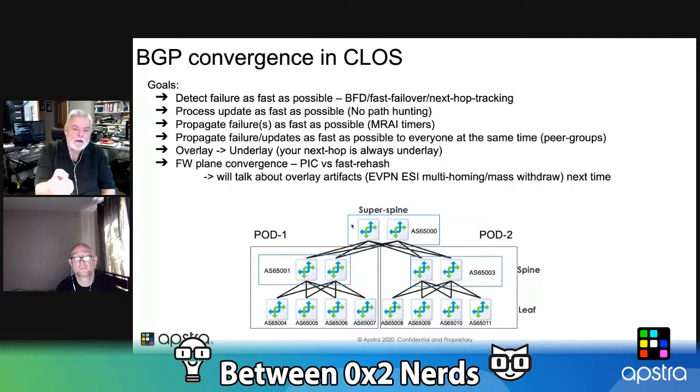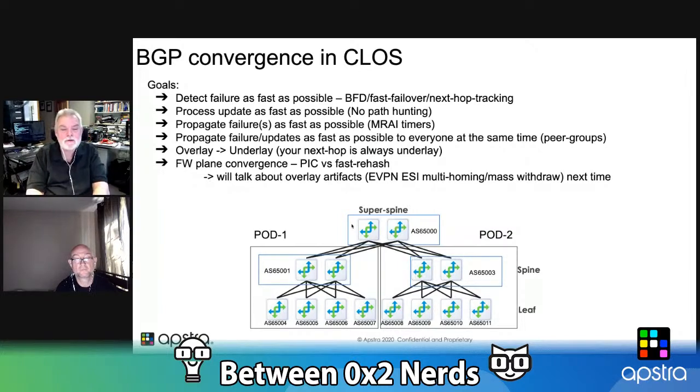We don't have this illustrated, but let's say there is a server on the lower left that is multi-homed to the two leaf switches, AS 65004 and 65005, and it's sending some prefix A. When that gets to the two spine switches at AS 65001, they see two different AS paths for prefix A. One of them is coming from 65004 and the other is coming from 65005.